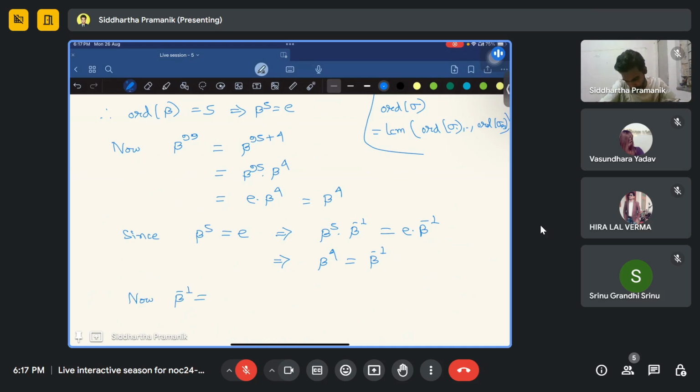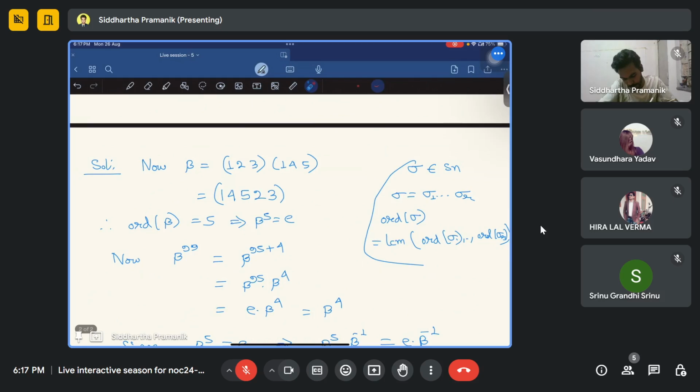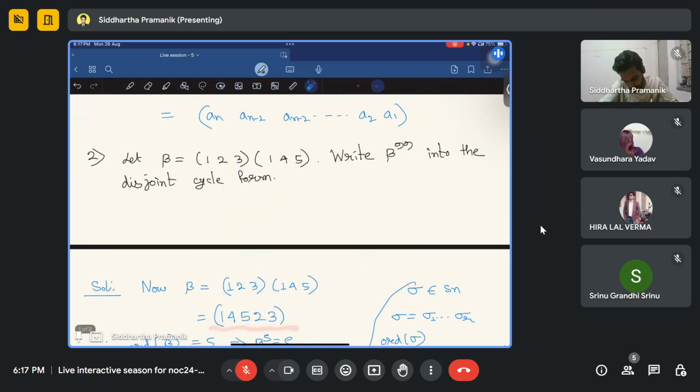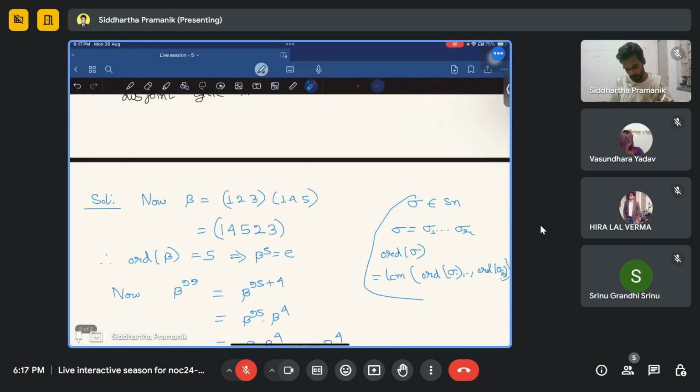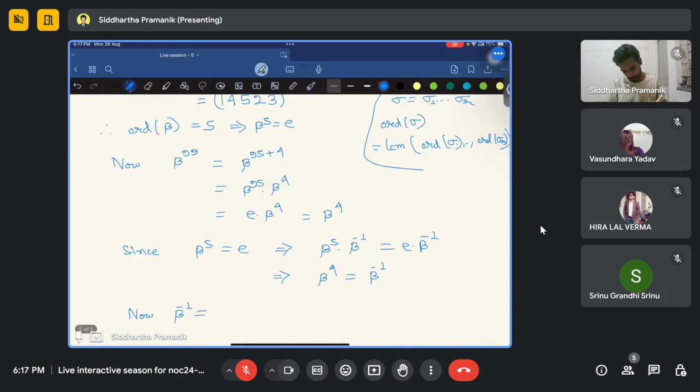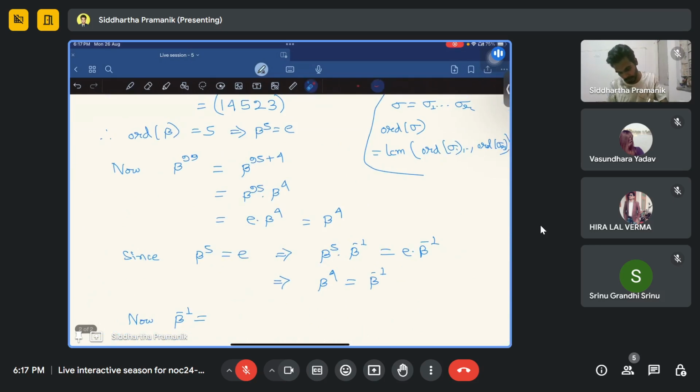So now beta is a 5-cycle. And in the first problem, we know how to compute the inverse of an n-cycle. So we just need to write it in the reverse order, right? So let's do that. So this is our beta. Let's write it in the reverse way.